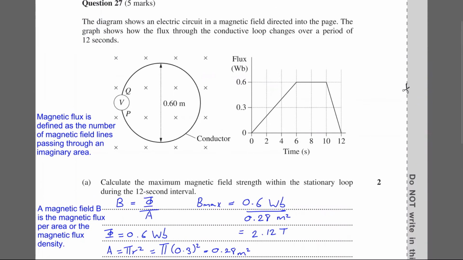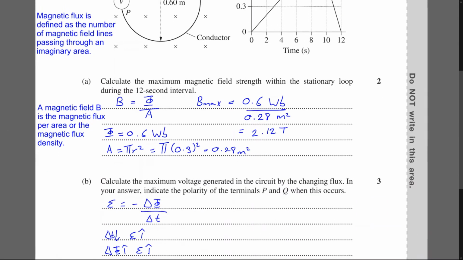Now, looking at this graph, both changes are between 0.6 and 0 Webers for flux, but the changes in time are between 0 and 6 seconds and 10 and 12 seconds. So 10 and 12 seconds is our best bet.